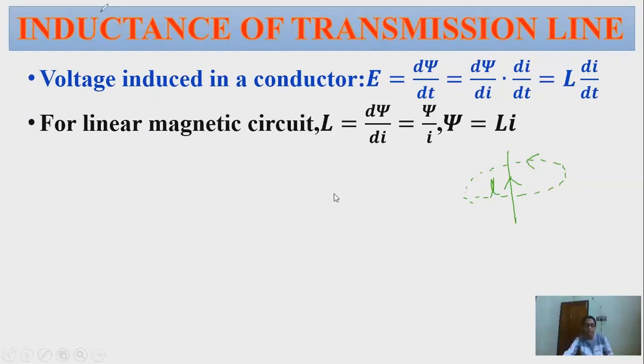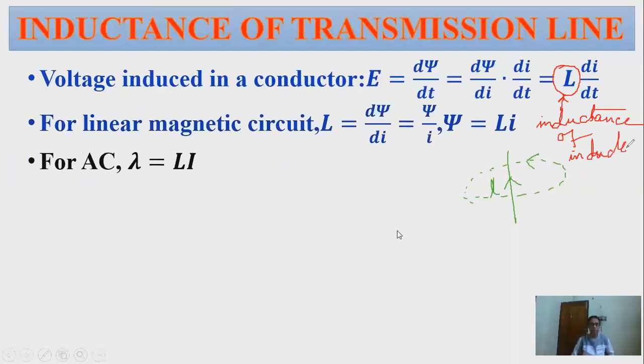Now, for a linear magnetic circuit, the rate of change of flux with respect to the change in current is constant. Then we can write L equals phi by I, and again this expression can be written as phi equals L into I. The flux linkage psi equals L into I.